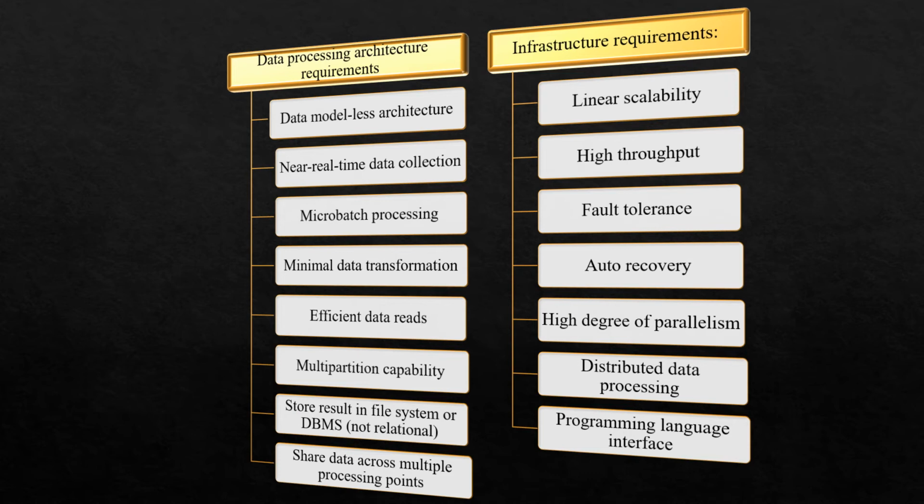Fourth is minimal data transformation. Fifth, efficient data reads. Sixth, multi-partition capability, and then store results in file system or DBMS, not relational. And lastly, share data across multiple processing points. For the infrastructure, there are 7 requirements which I'm going to explain in the next slide also.